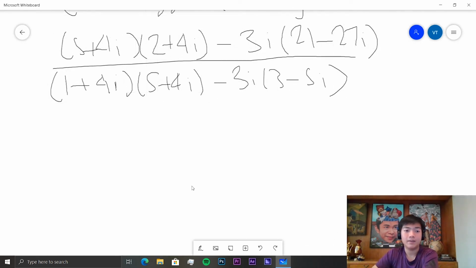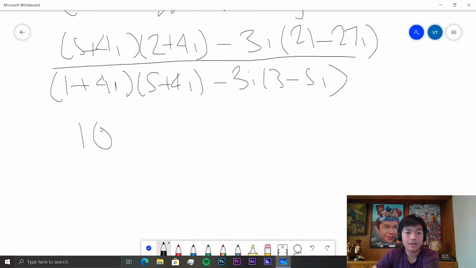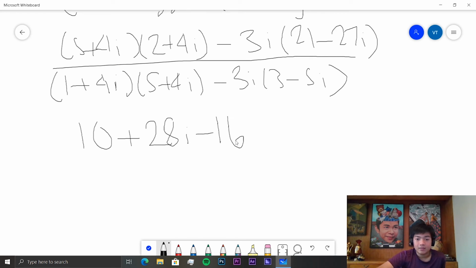And this would be 10 plus 4i times 2, 4i times 5 is 4i times 7, it's 28i, minus 16, minus 63i, plus, it's still minus 30. Oh, sorry, no, 3 times 27 is not 30, that's 81.